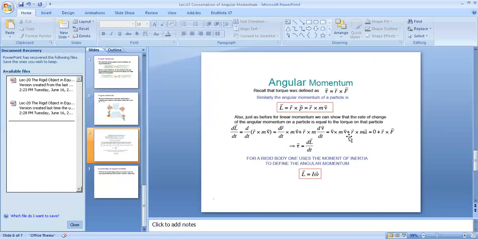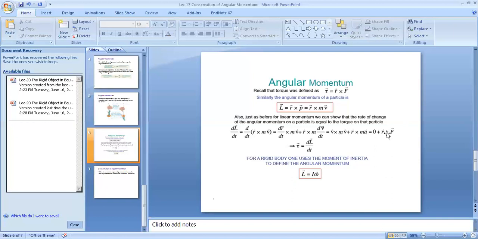This will become equal to v cross mv plus r cross ma, and as v cross v is a cross a type term, which is a null vector, this term will vanish and we will be left with the second term r cross ma, which is r cross F. So on this side dL over dt, which is also tau, will become equal to r cross F, as we know that r cross F is an expression for torque, where torque is a vector quantity.